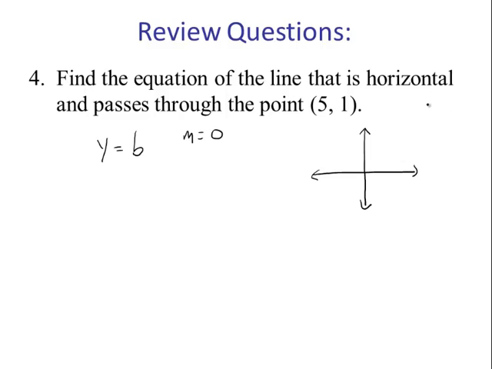So the line is horizontal, so it's going to do something like this, and it's going to go through the point 5, 1. So there's our point. So that line would do something like this. So we know that b is a positive 1. So the answer to this equation would be y equals 1.